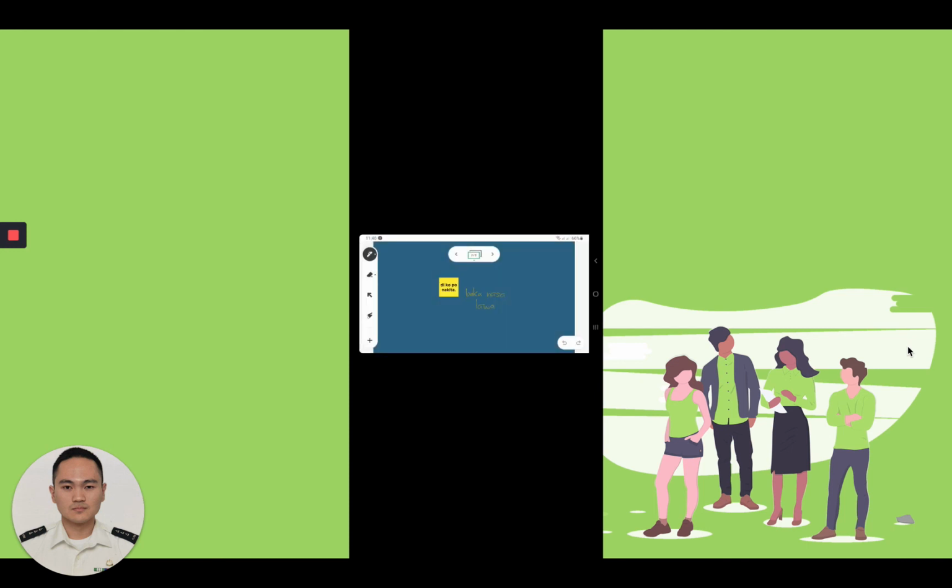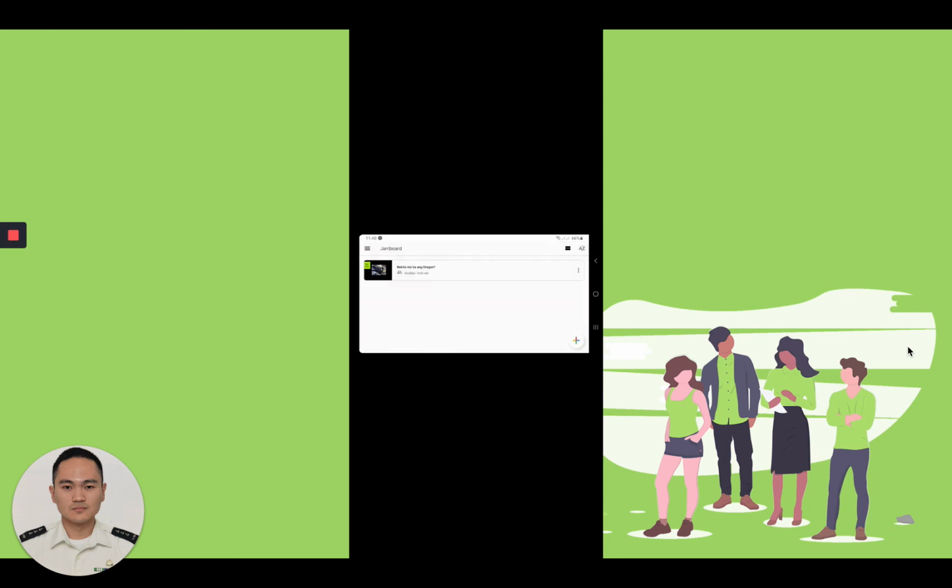So once you click the Jamboard app on your smartphone, this is how it looks like. It's a little smaller.